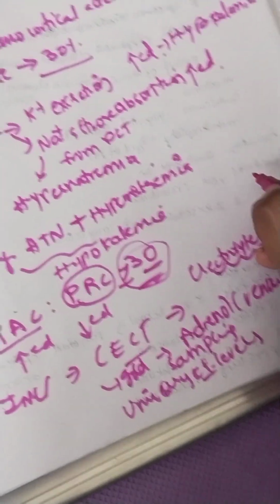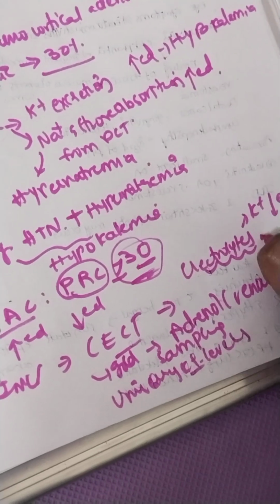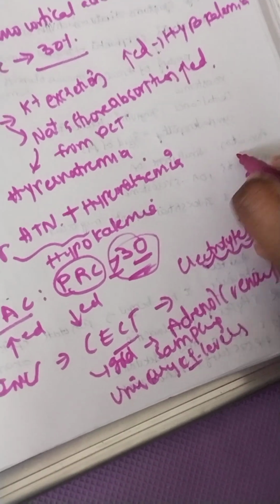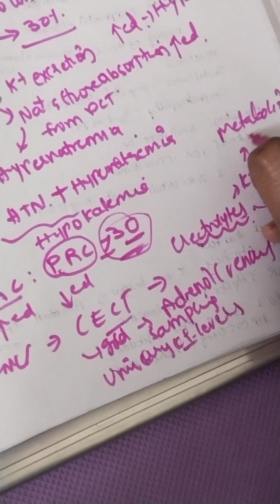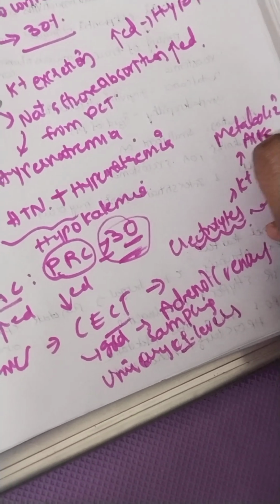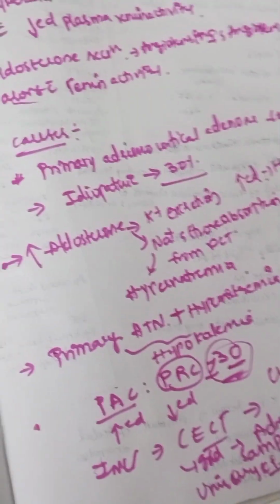In this case in electrolytes, potassium decreases, sodium increases, and there will be metabolic alkalosis. Alkalosis will be there, right?